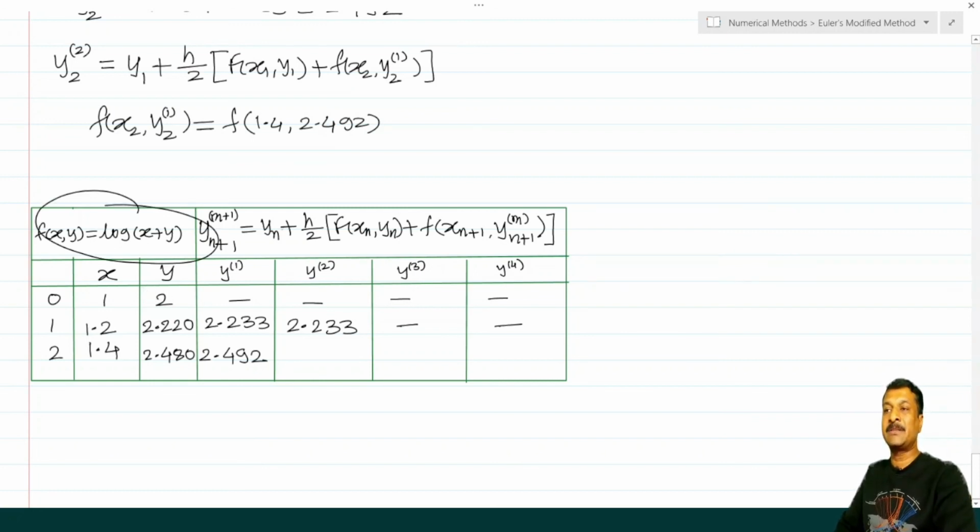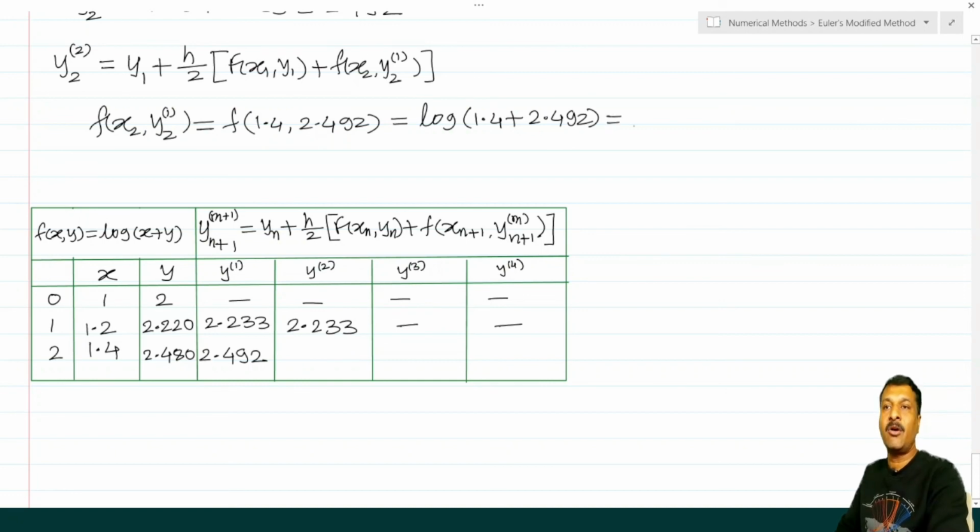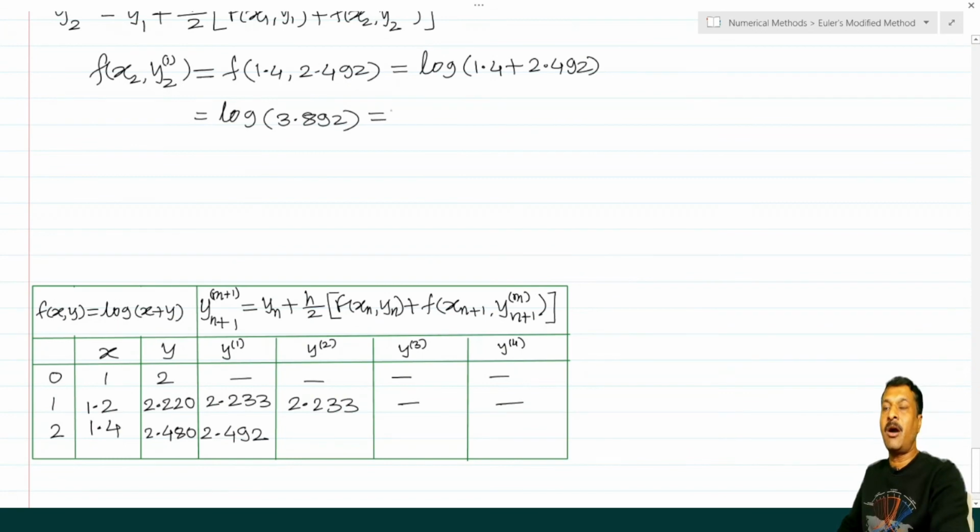And what is the f of xy? Log of x plus y. So that is equal to log of x plus y, means 1.4 plus 2.492. So I am getting here log of 3.892. By natural log and calculator, ln of 3.892, I am getting 1.359.